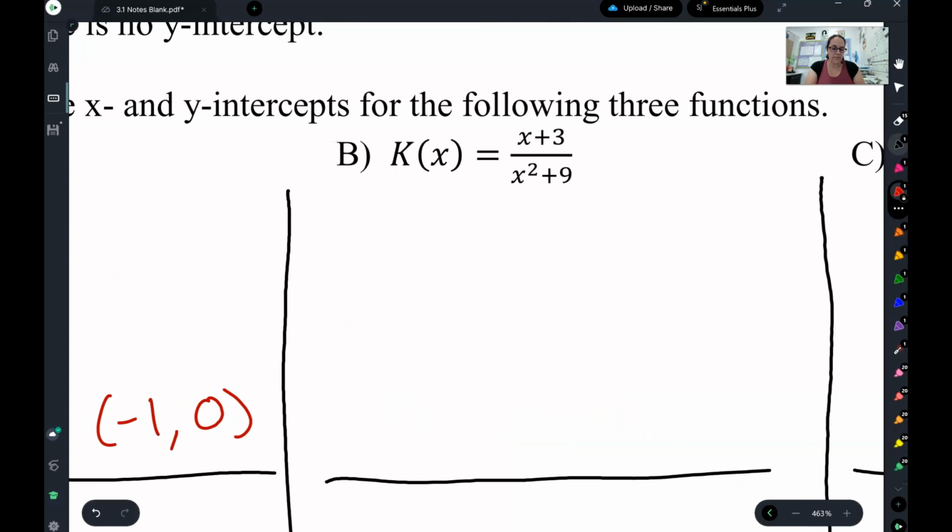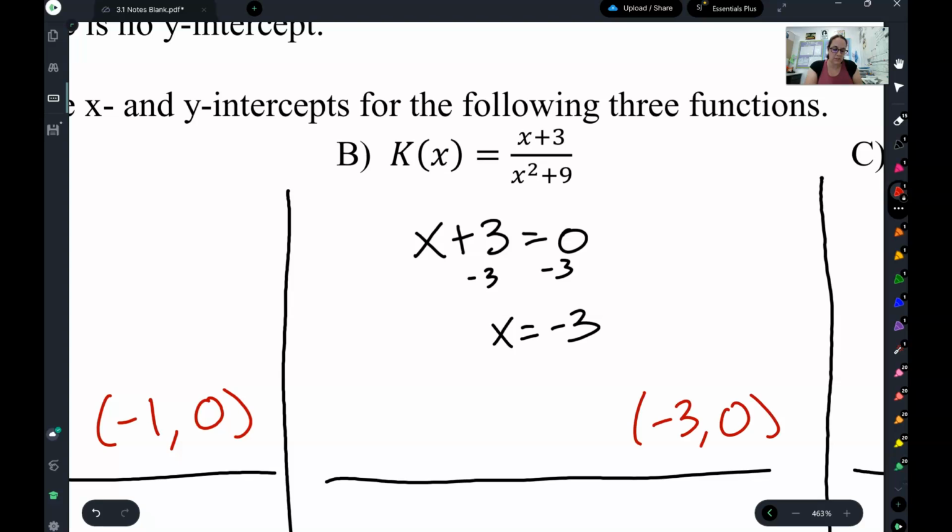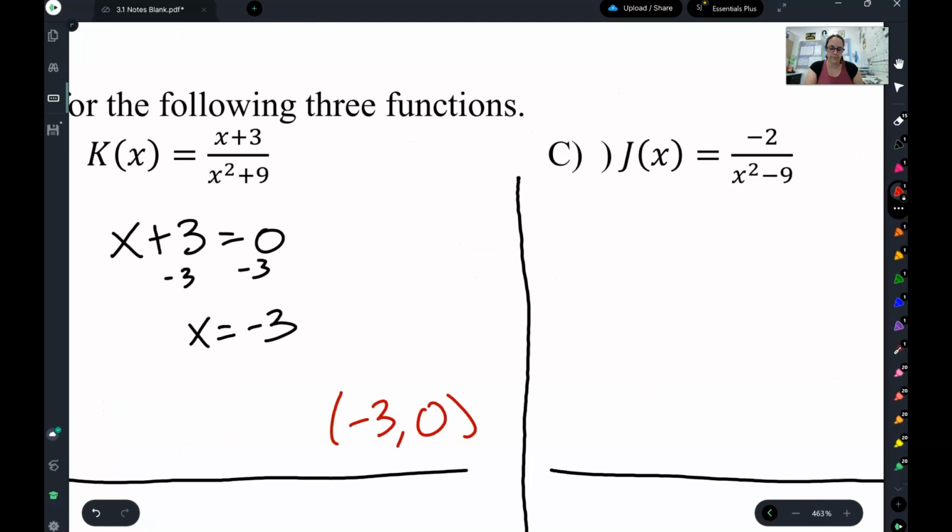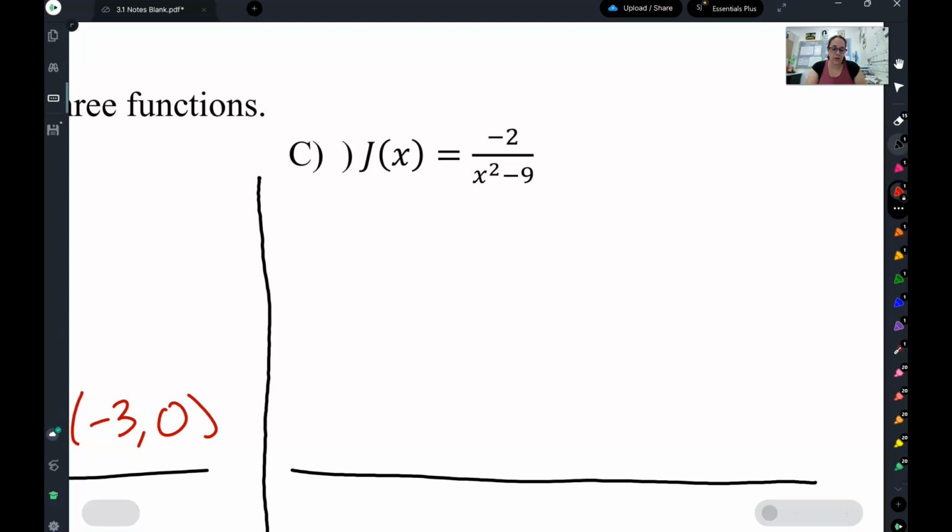So let's try B. Set our numerator equal to 0, and I get negative 3. Make sure you write it as a point, negative 3, comma 0. And if we look at C, we set the numerator equal to 0, and we go, wait a minute, that does not make sense.